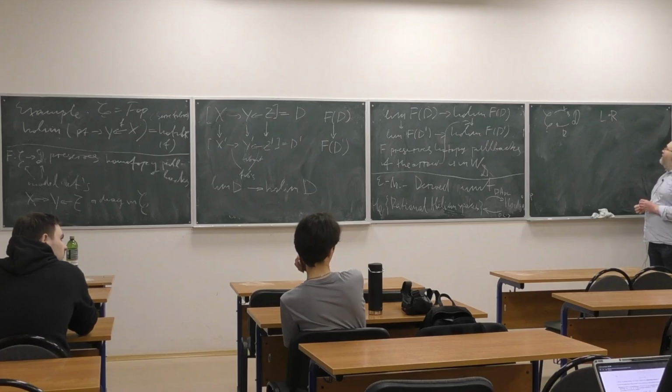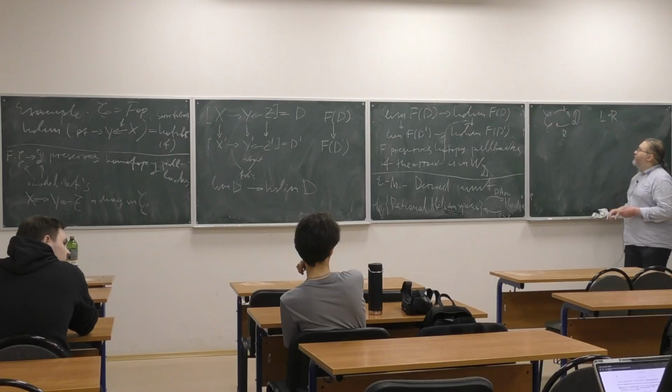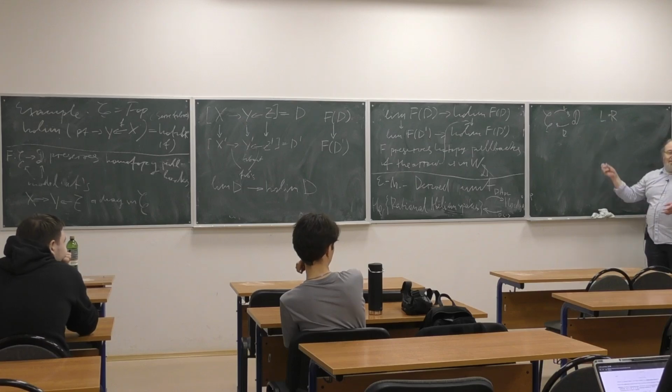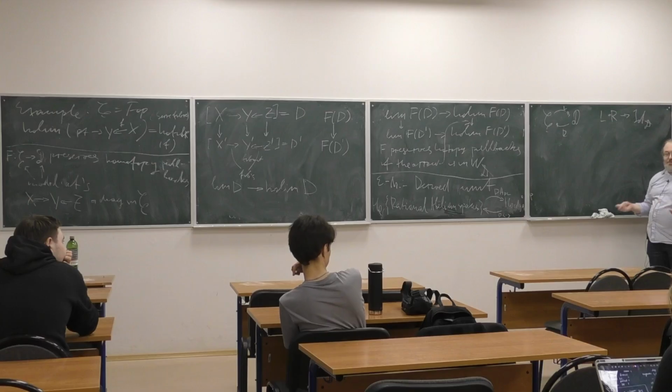So if I take first the right adjoint and then the left adjoint, then I get a functor from D to D. So do I have a map from the identity or to the identity? Does everyone agree? Or is it the other way around?